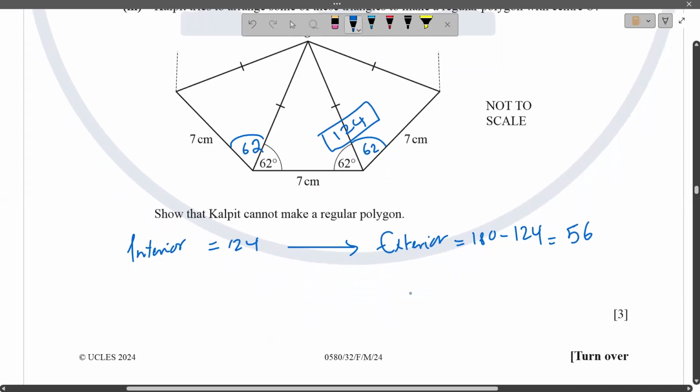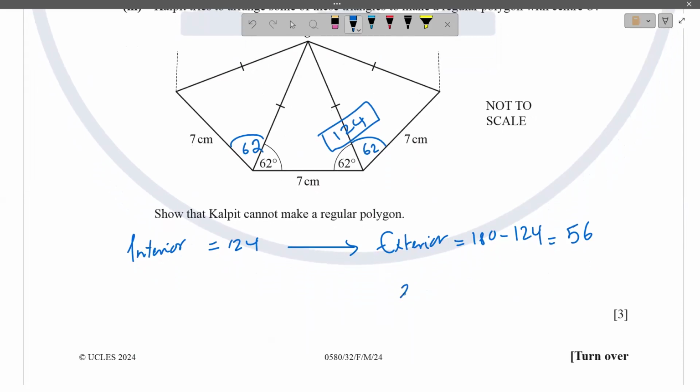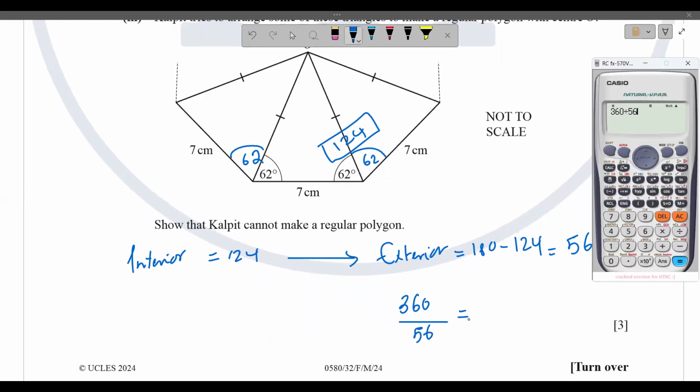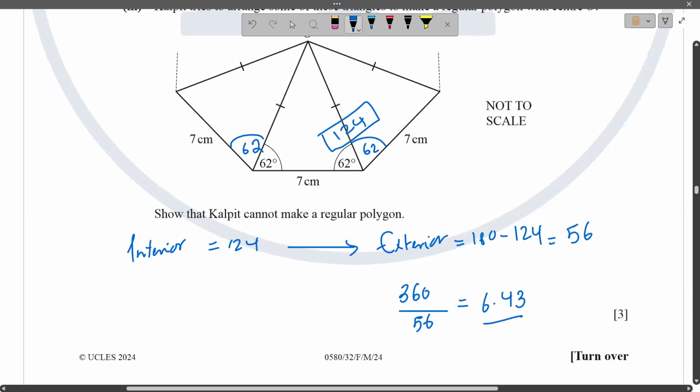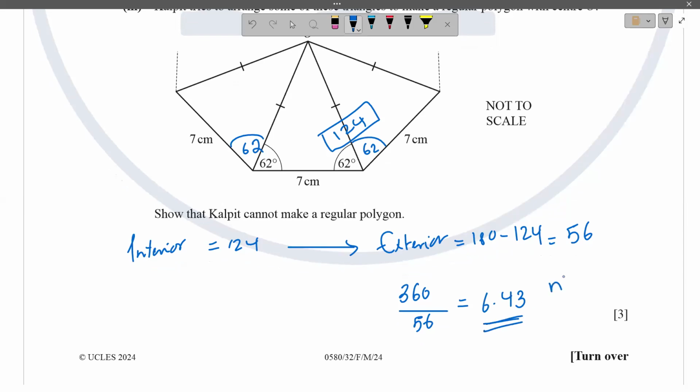We know that the sum of exterior angles of any polygon is 360. 360 over 56 is a decimal, 6.43. So the number of sides of this polygon can't be a decimal.